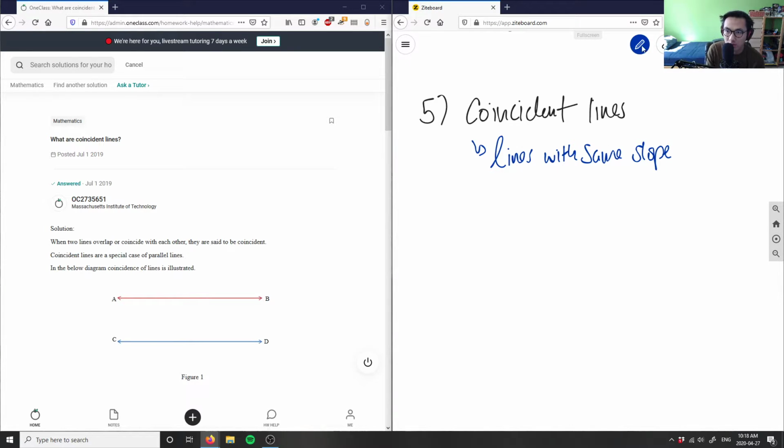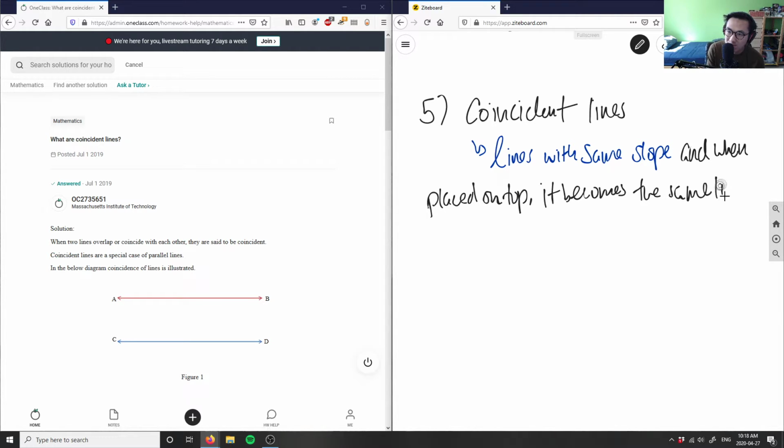So let me draw something as well. Lines with the same slope, and when placed on top of each other, it becomes the same line. So let me just draw a set of coincident lines.